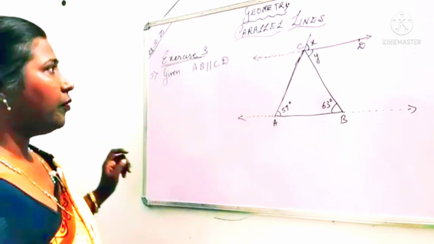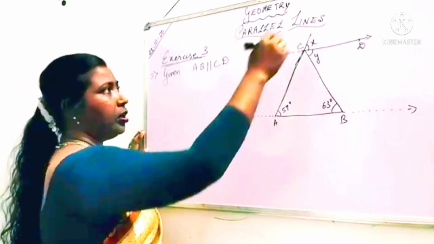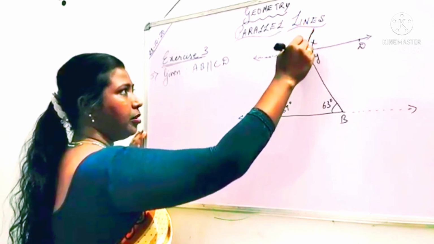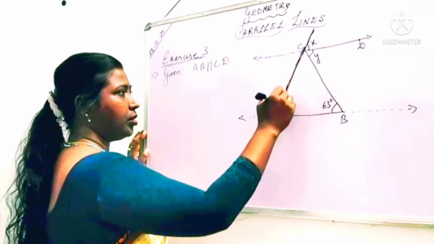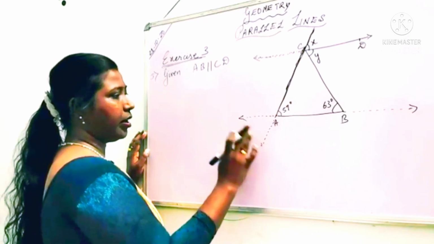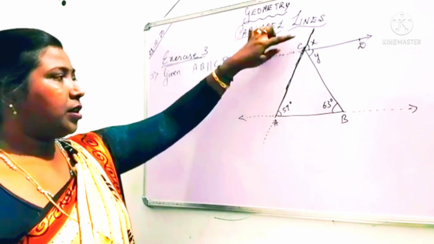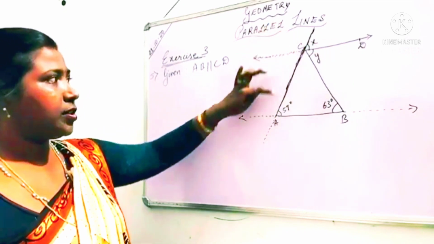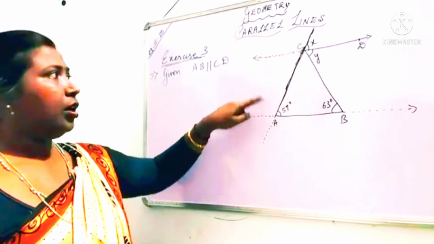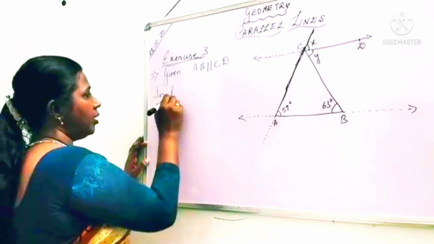Now how will we find this out? First we will see this part. This is a transversal, going up from here and coming down. I am putting this line so that you can understand. I am only watching this transversal AC.